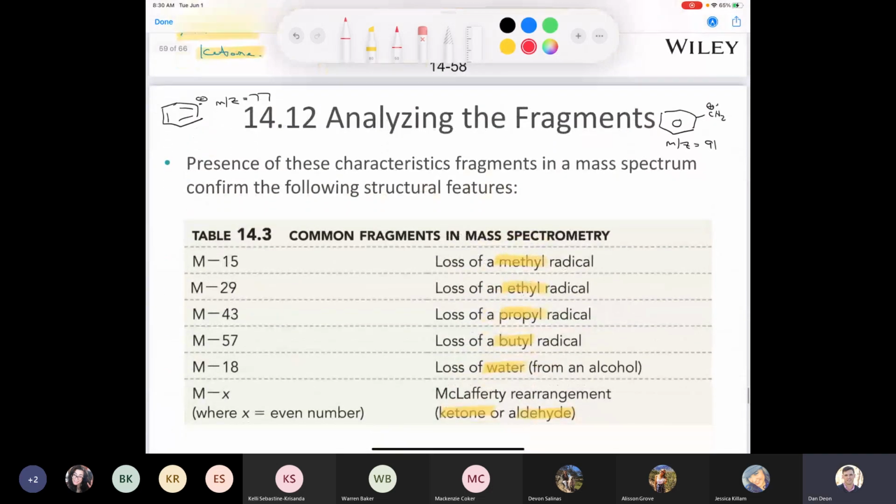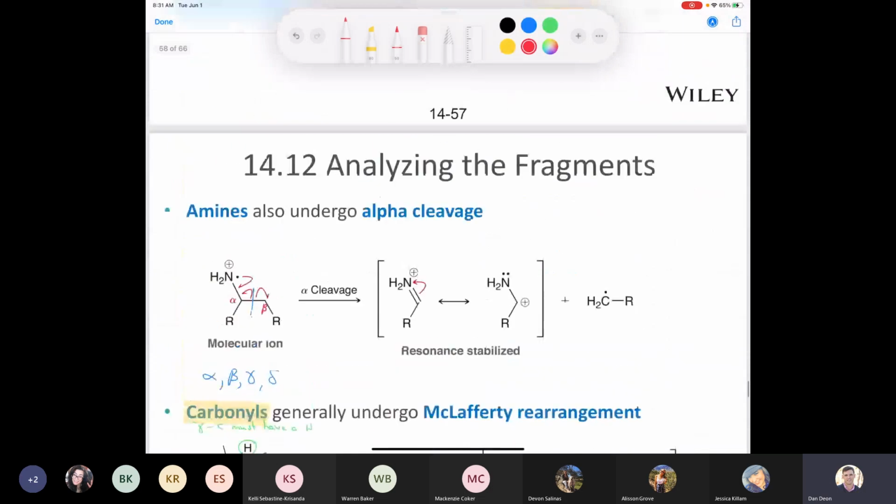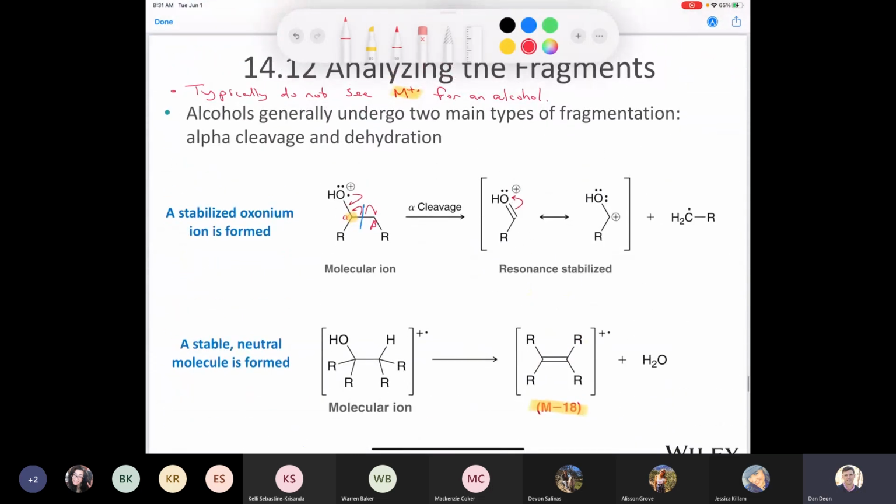Yes, Jonathan, absolutely. There are two main types of fragmentation for an alcohol: alpha cleavage is one, and loss of water is the other. Those are the two main types we can expect to see.